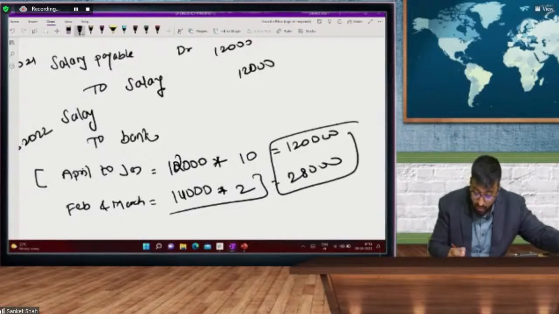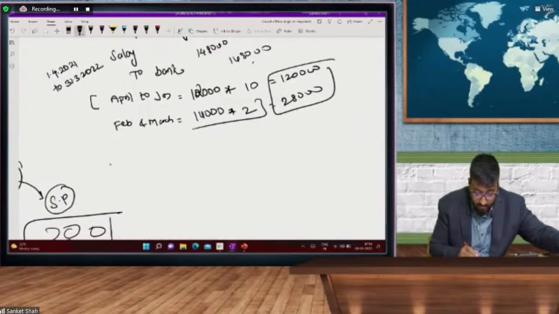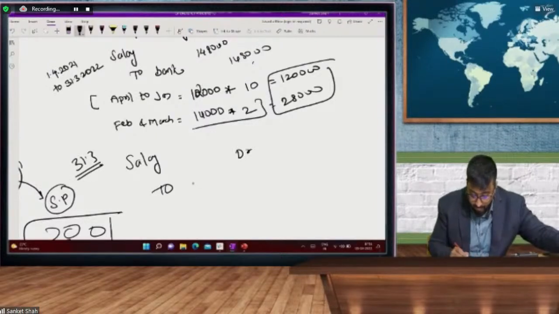So total payment is 1,48,000. And still payable, that is 31st March month salary, that you are going to pay in the month of April. So salary payable 14,000.